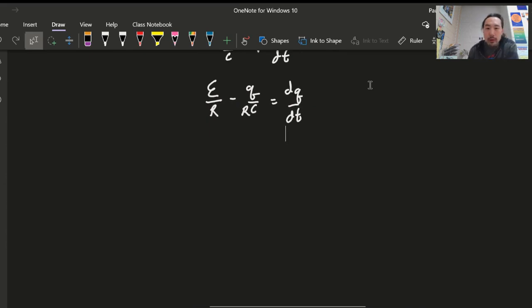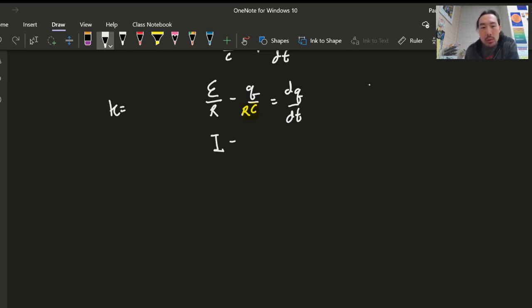What we get here is we can do a little bit of rearranging. We know that epsilon over R is current, and this is the initial current, so I'm going to leave that as I. Minus, let's identify what the constants are here. The constants are 1 over R and C. What we're going to do is set a constant to replace that constant, simply because I don't want to work with anything in the denominator.